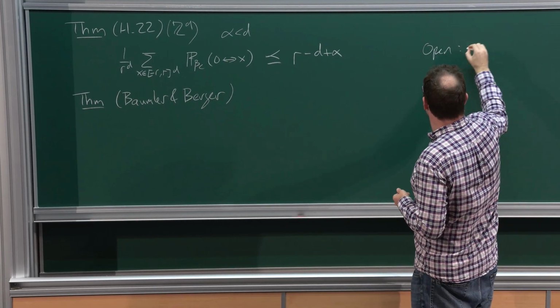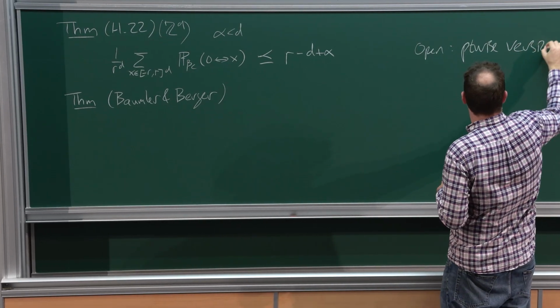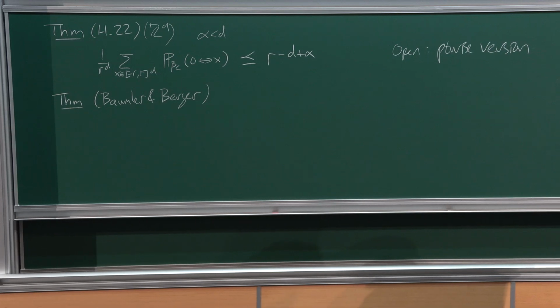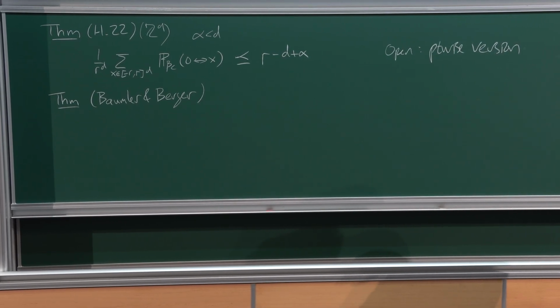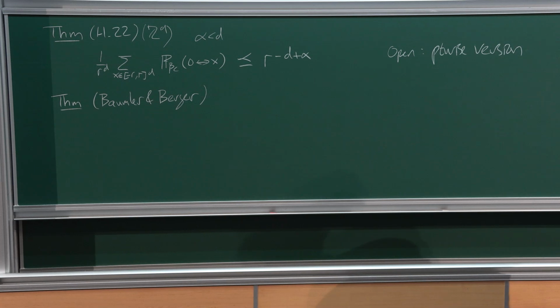So one problem is, can you prove a pointwise version of this upper bound? Or another useful thing would be a Fourier transform version. That would also be sufficient to get control of the triangle.